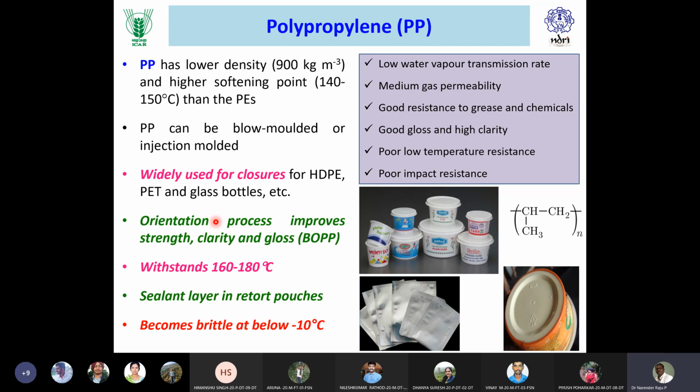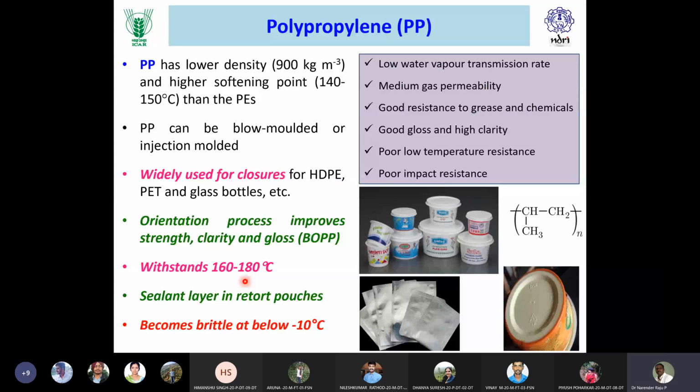That means when the thickness is reduced, you get the film with a greater length. So when the properties are getting improved at a reduced thickness, that is a big advantage to the application industry. This material, as I said, can withstand temperatures between 160 to 180.